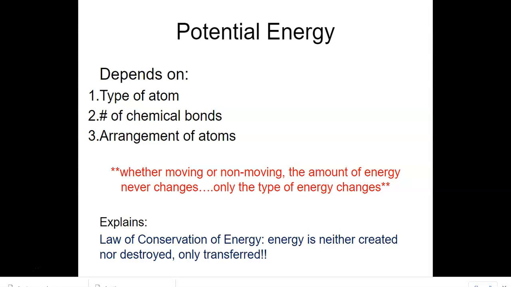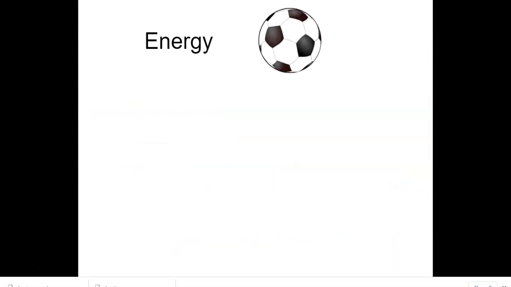So whether you're moving or not, the amount of energy never changes, only the type. That's a big thing. We need to understand that just like in the law of conservation of matter slash mass, you can't create or destroy matter. Same thing here. In energy, you cannot create or destroy it. You can only transfer it. You can only move it.